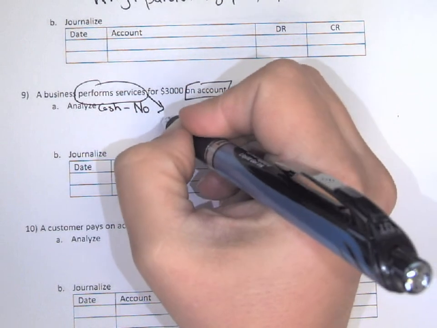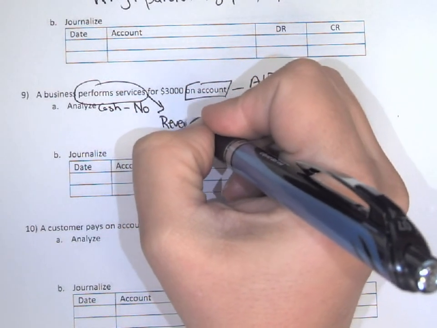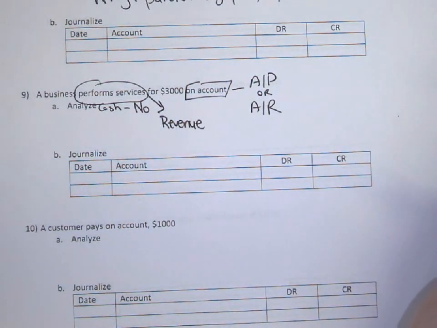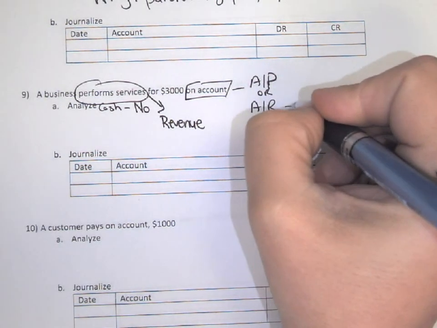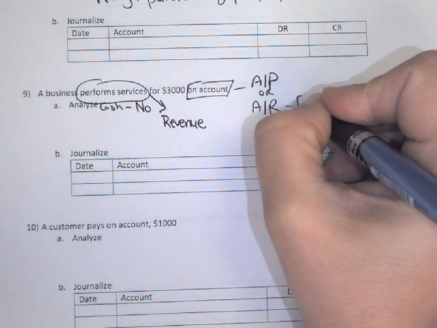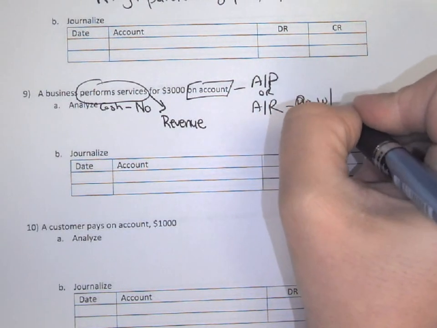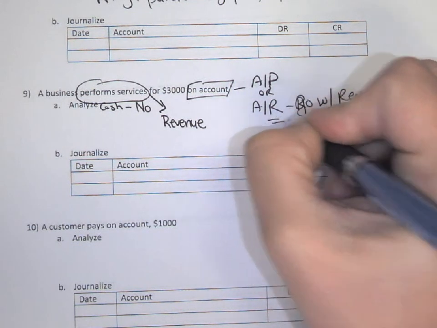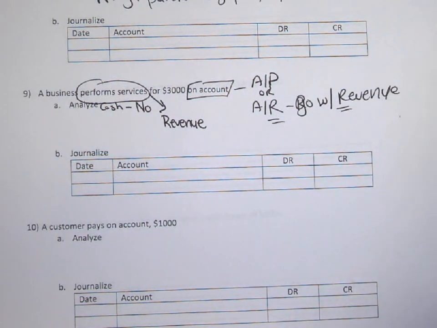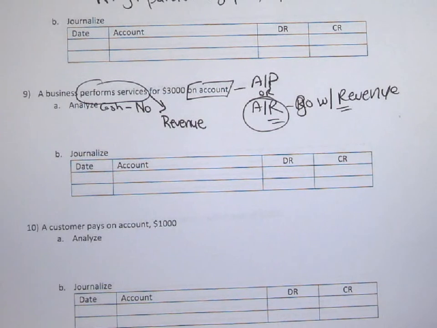Whenever we see performed service, we should realize that that is a revenue item. So which one of these two, accounts payable or accounts receivable, goes with revenue? Accounts receivable is going to go with revenue. We keep our R's together. So that's the one we're going to pick.